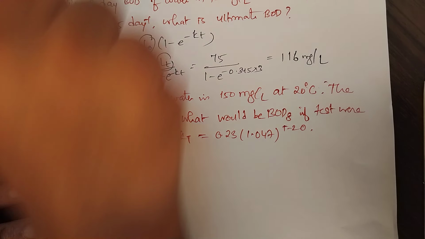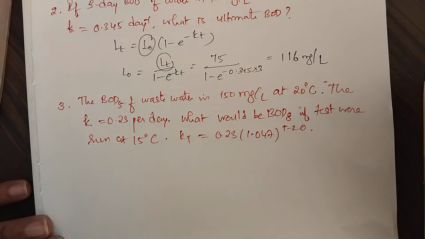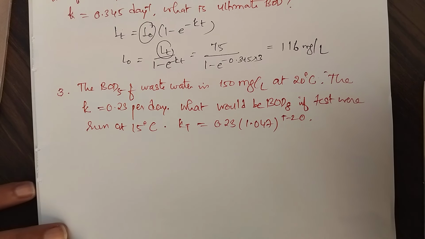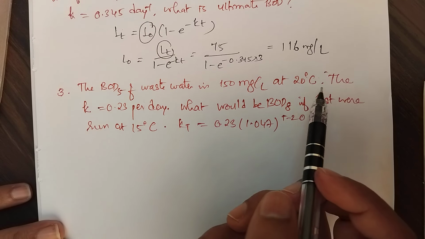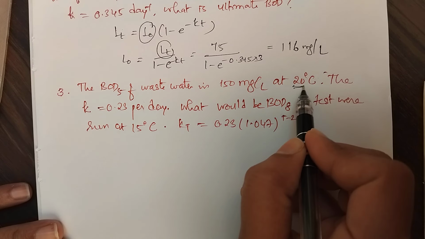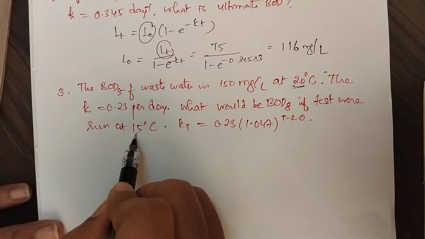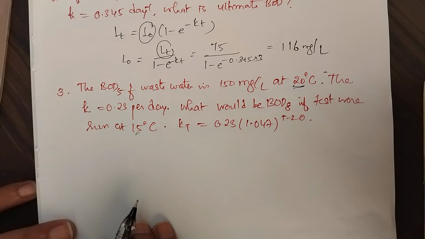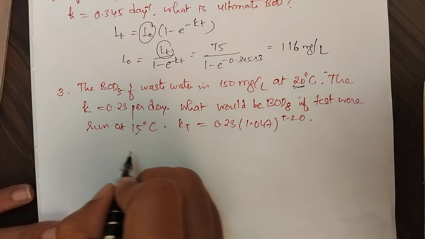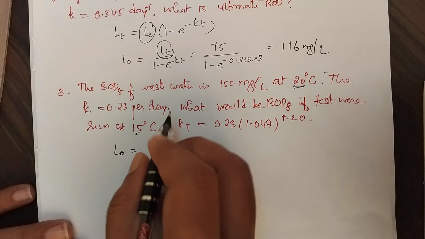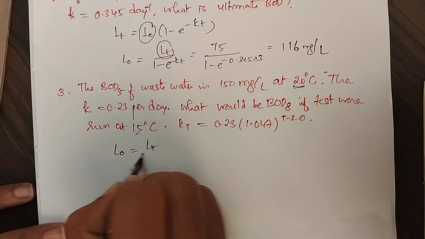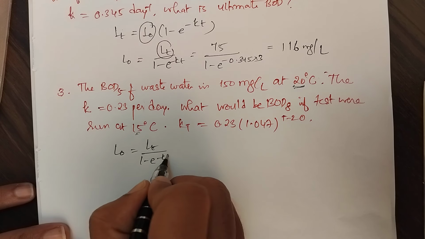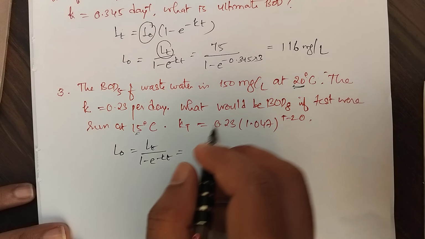Okay, so the temperature influence on decay constant is given. So first, the common thing at different temperatures, whether it is 20 degrees Celsius or 15 degrees Celsius, is the ultimate BOD. So first calculate ultimate BOD L0, which is LT by 1 minus e power minus KT.